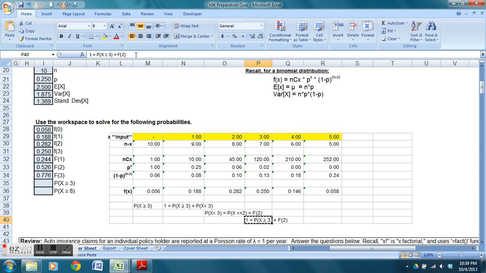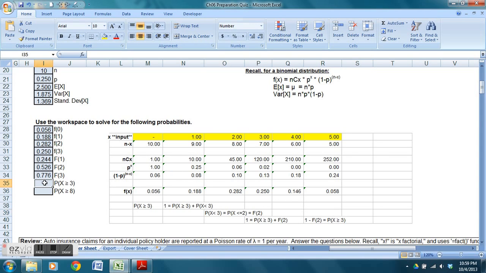So I'm going to move that right here, take that out, subtract it from the other side. There we go. So now we see that the probability that x is greater than or equal to 3 is 1 minus the probability that x will be 2 or less.